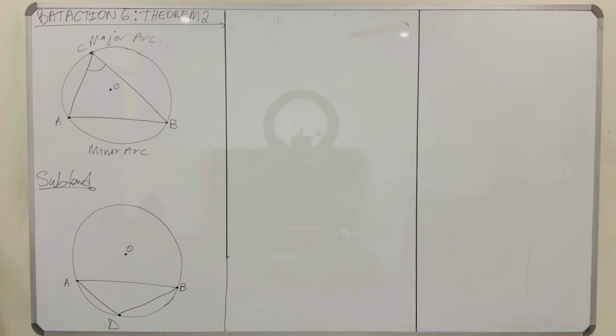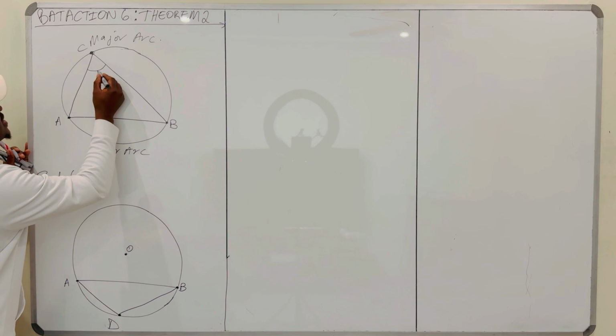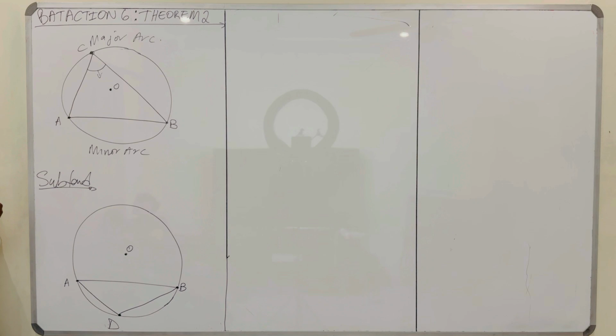How do you identify that? The angle that is subtended points in the direction of the subtending arc. Do you guys understand? Yes. The angle that is subtended points in the direction of the subtending arc. So, here's your angle here. You can see your angle is facing this direction. So, the arc that is in this direction is this one here.